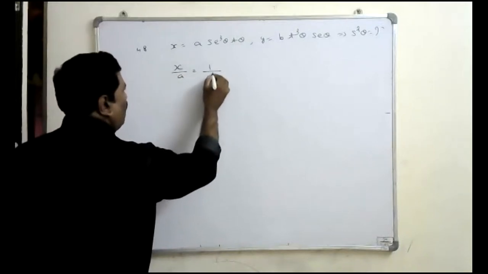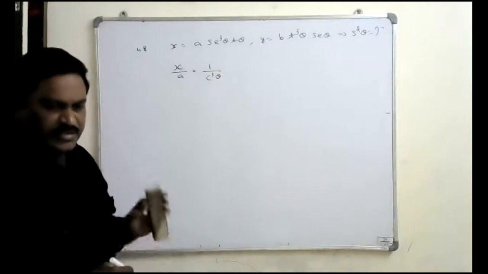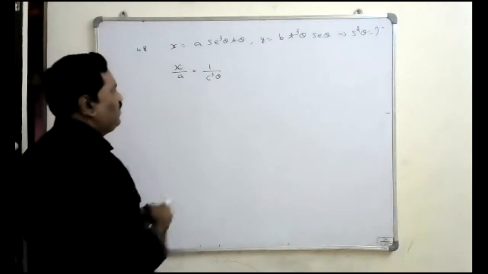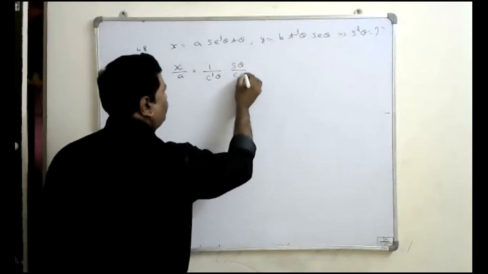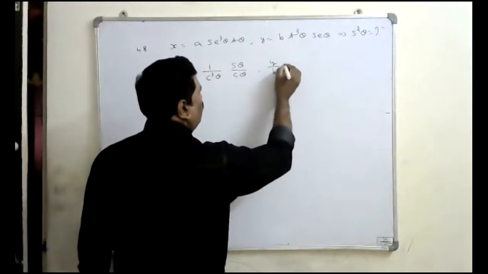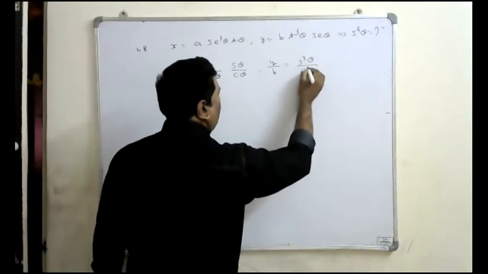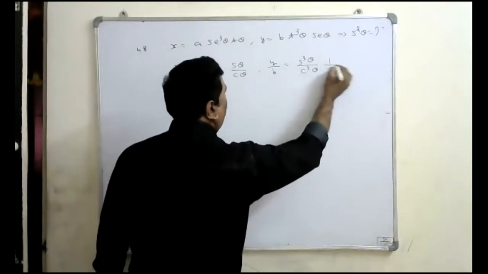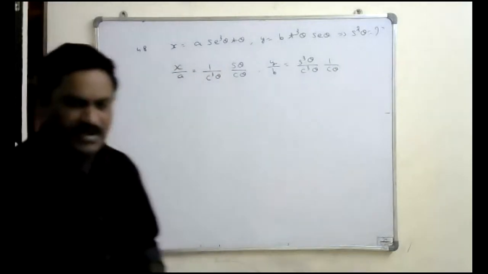Secant is the reciprocal of cos, so I can write 1 by cos cube theta. Tan theta means sin theta by cos theta. Similarly, y by b is equal to sin cube theta by cos cube theta, and secant theta means 1 by cos theta. Like that we will express in terms of sin and cos.